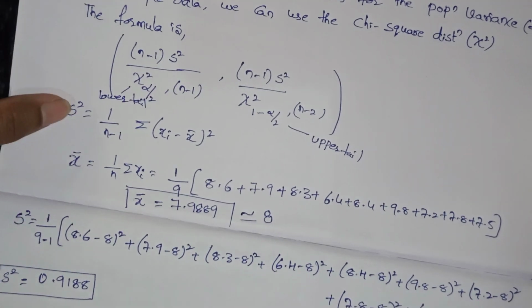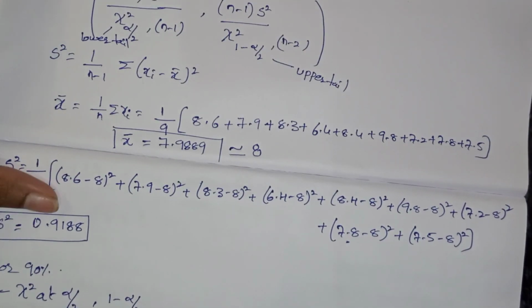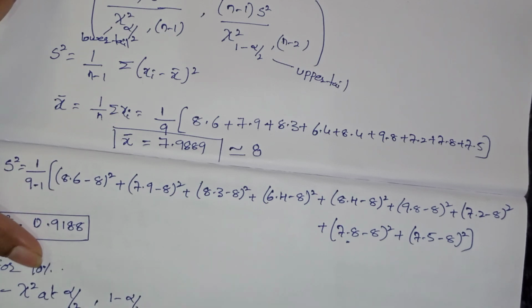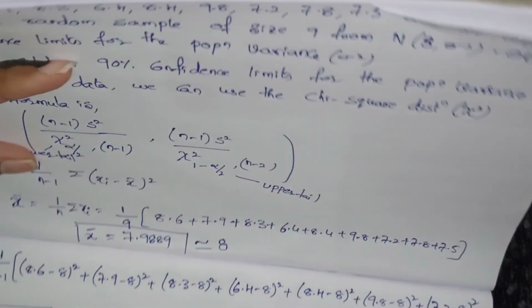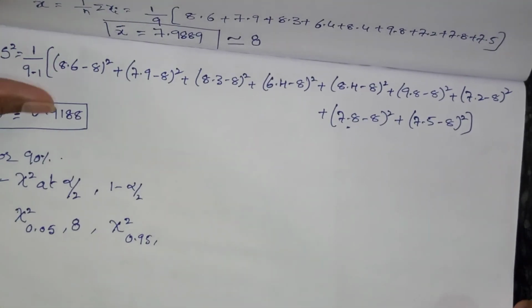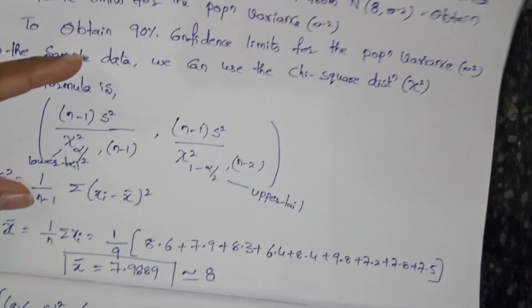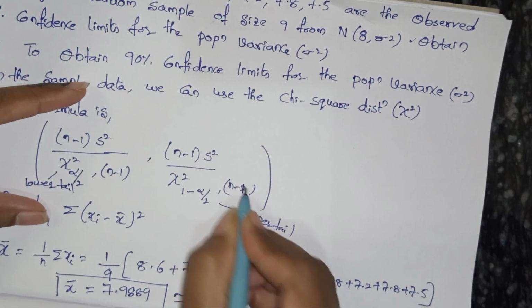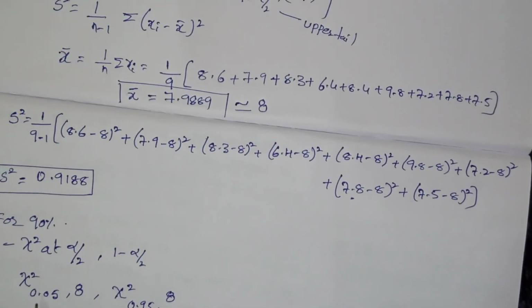N minus 1, that means what? N minus 1 is nothing but 8, comma chi square 0.95. Here I have kept 2, here 1 only. n minus 1, so 8. How we got these values?